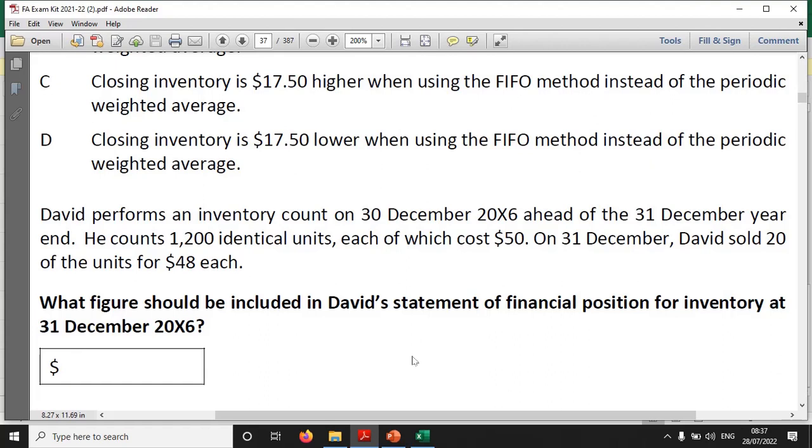So if it cost him 50 and he sold some of his units for 48, then we have to modify the units of inventory. So we are going to break this 1,2 into two classes, 1,2 minus 20.